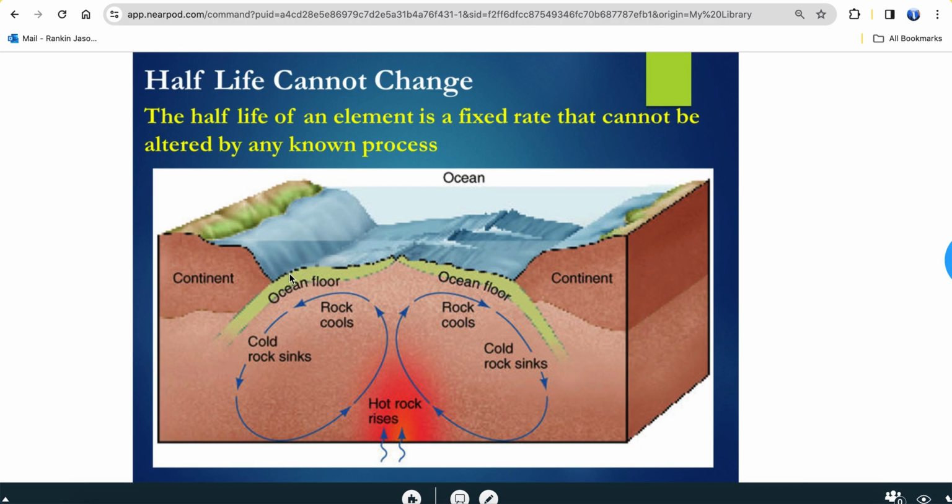If we have a lot of pressure building up, like where 2 plates collide, here you have your oceanic trench, subducting plate, and overriding plate, that pressure is not going to increase the half-life rate. It's a fixed rate for all of them, even the 4 that we have on our reference table.